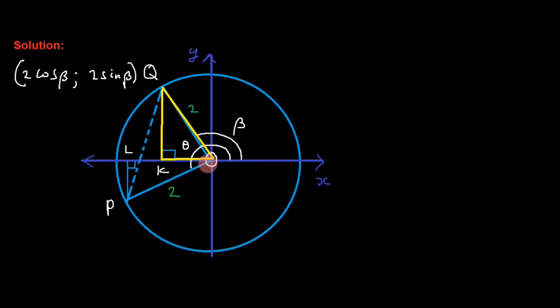So in this case, we're going to work inside triangle OLP. So inside this triangle here, so triangle OLP. And we're going to write the coordinates of P in terms of theta.